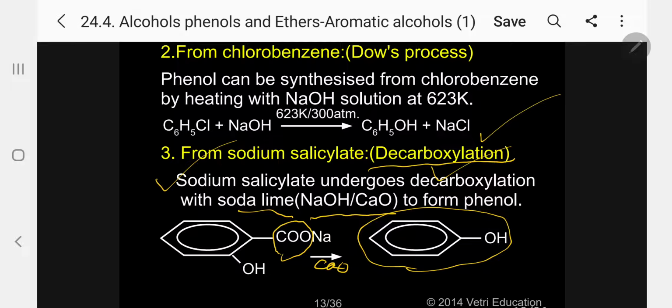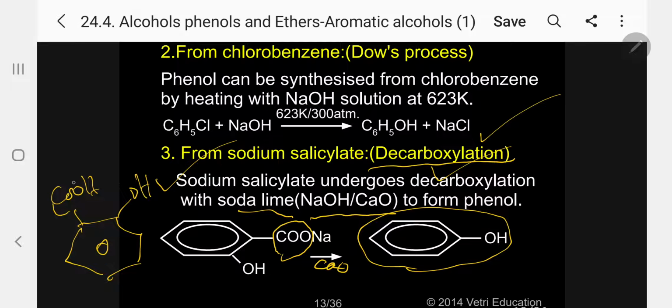This is the most important reaction here. Either the sodium salt or simply salicylic acid. If it is salicylic acid, you can easily understand this: COOH and OH.